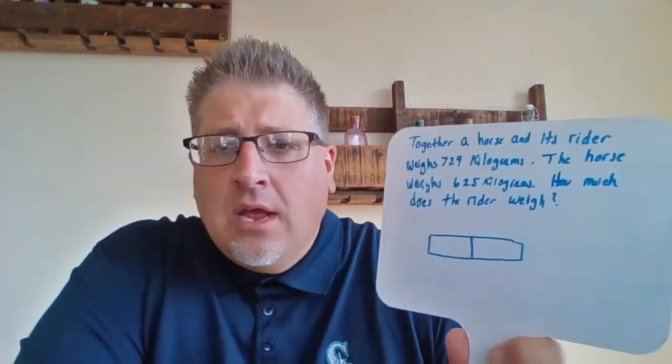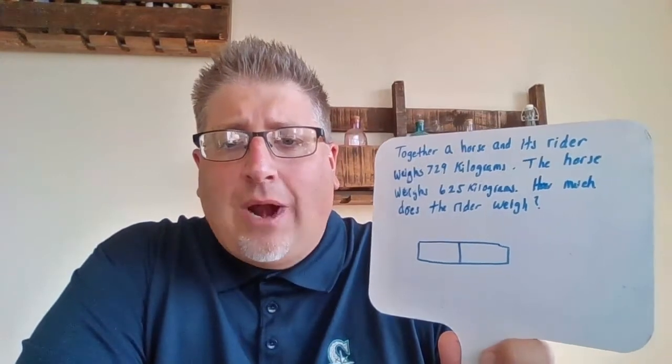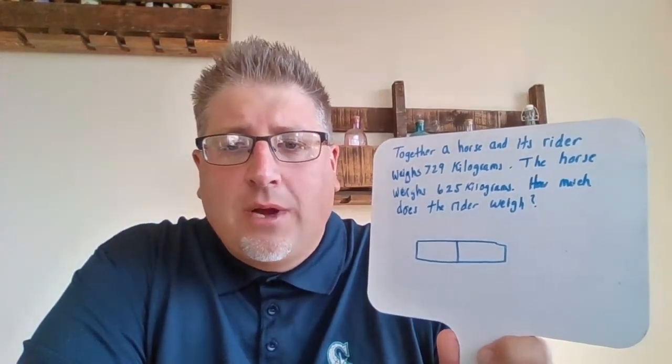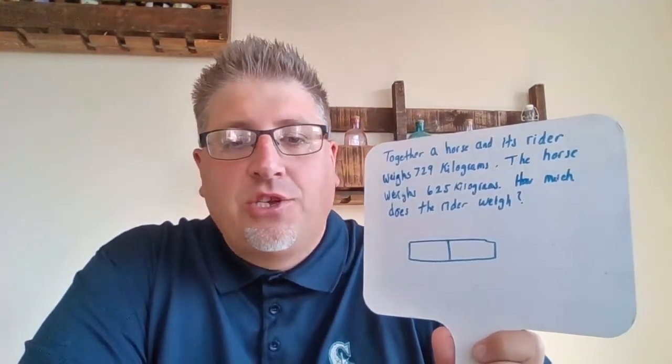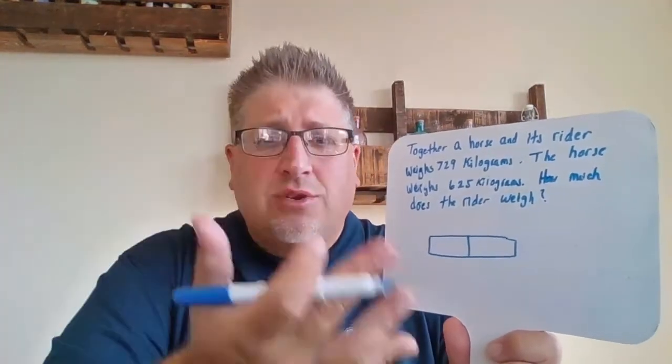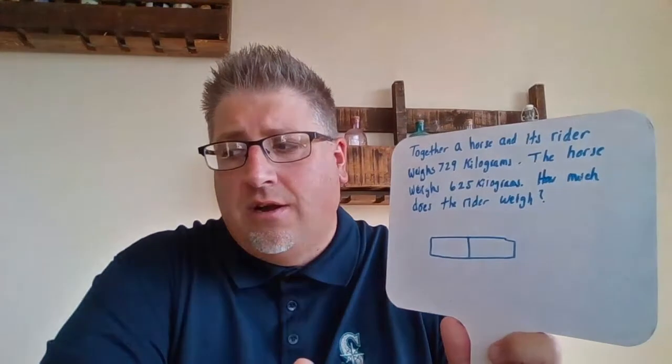Okay, question number 2, here we go. Together, a horse and its rider weighs 729 kilograms. The horse weighs 625 kilograms. How much does the rider weigh? So let's use our tape diagram right here and see what we know. What do we already know?